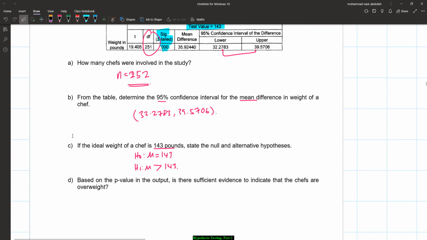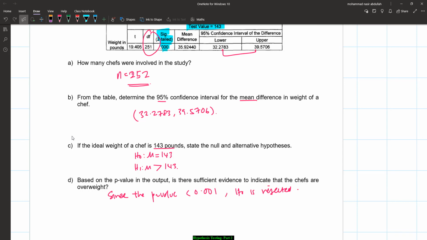So based on the p-value in the output, is there sufficient evidence to indicate that chefs are overweight? So based on the p-value, since the p-value is less than 0.001 or less than 0.005, null hypothesis is rejected.